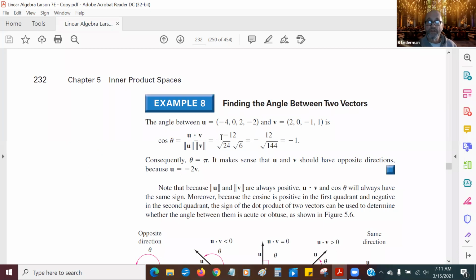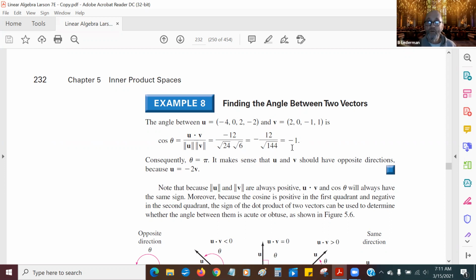And u dot v winds up being -12, because it's -4 times 2 plus 0 plus 2 times -1 plus -2 times 1, which comes out to -12. -8, you can figure that out. And the magnitudes are rad 24, rad 6, which becomes rad 144. And rad 144 is 12 itself.